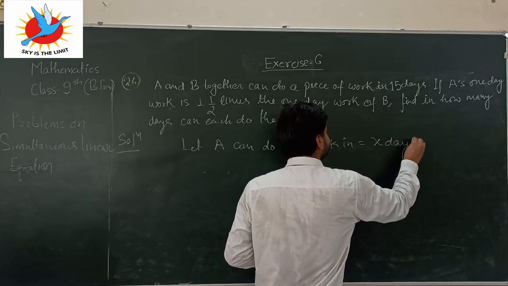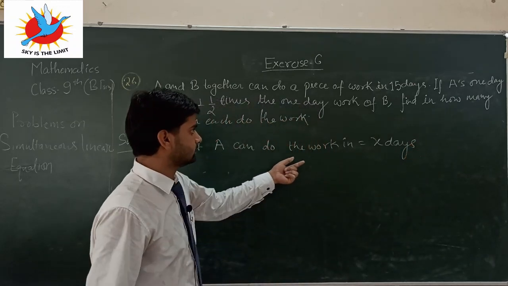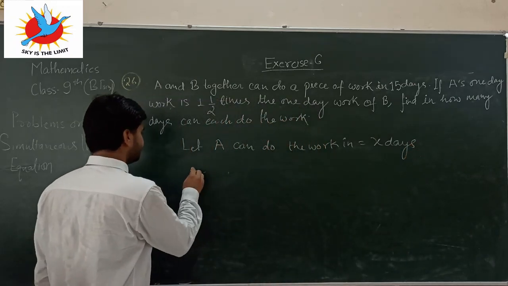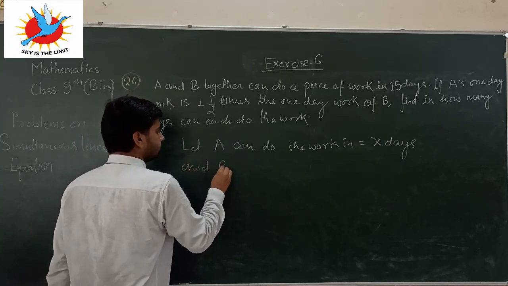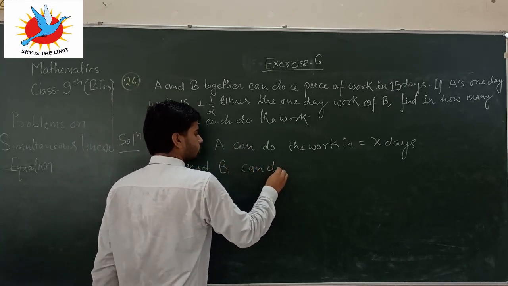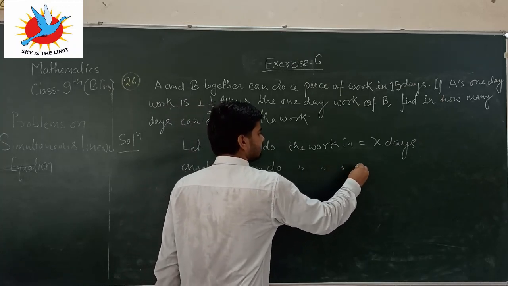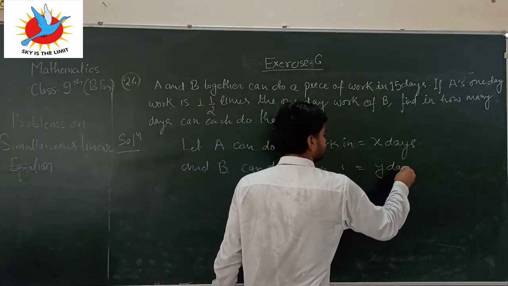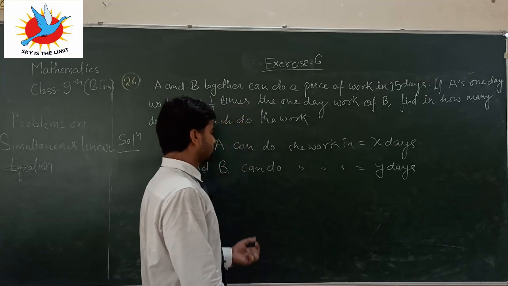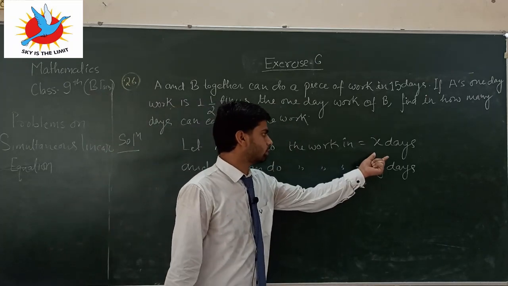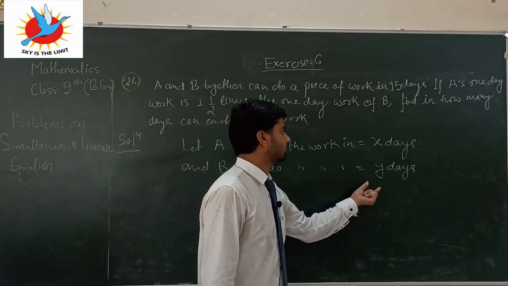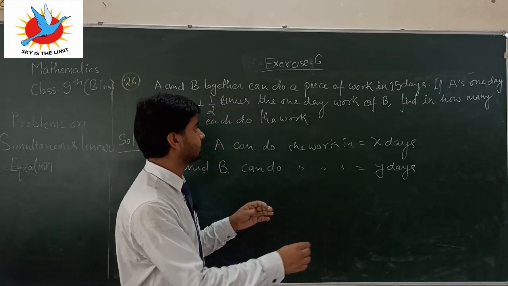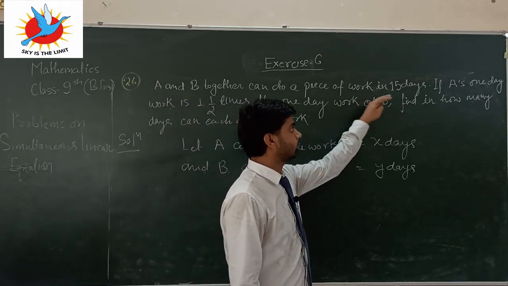A takes X number of days to finish the same work, and B alone can do the work in Y days. So alone A can do that work in X days, and alone B can do that work in Y days, and together they can finish that work in 15 days.